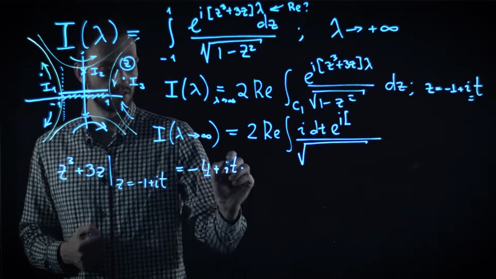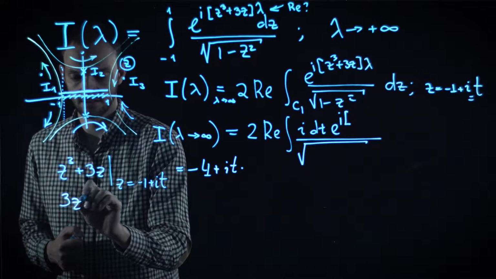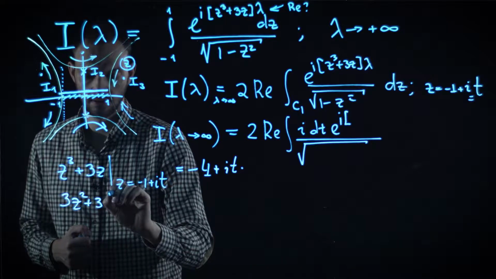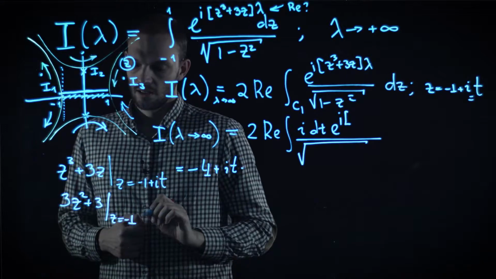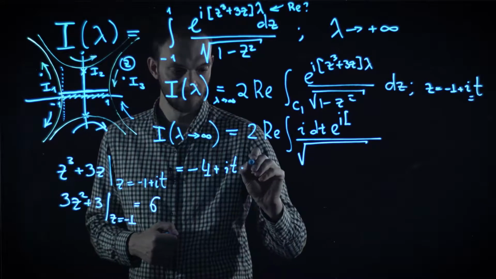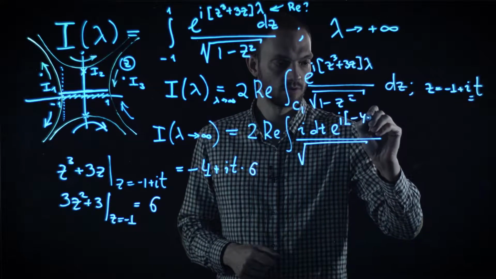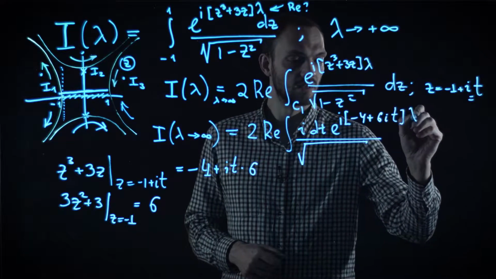And what else is here is just the derivative at -1. That is 3z squared plus 3 at z equal to -1. So this is nothing but 6. So this is what goes here, -4 plus 6it, times lambda.